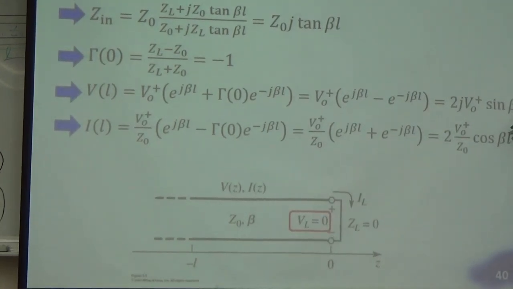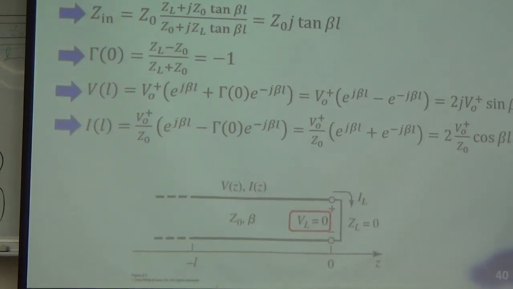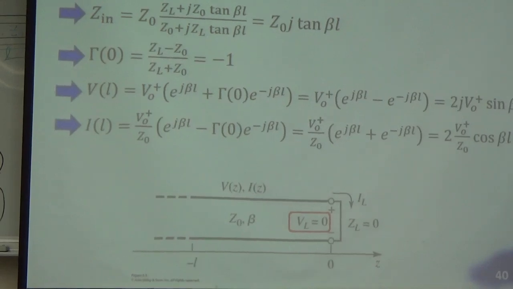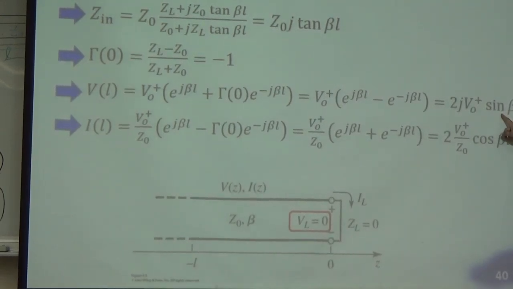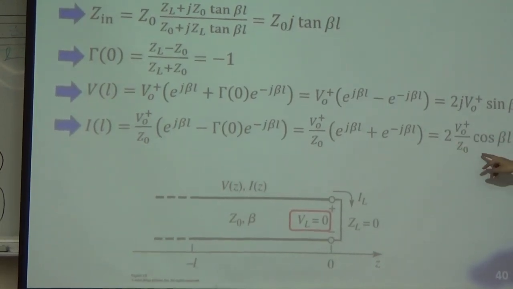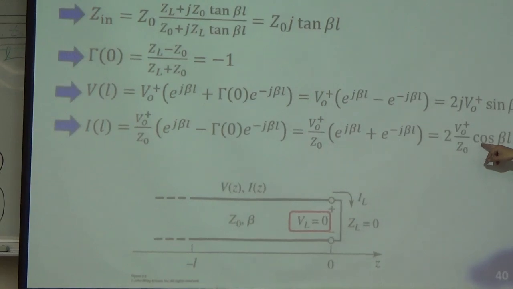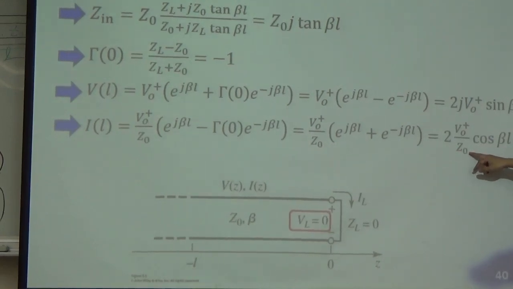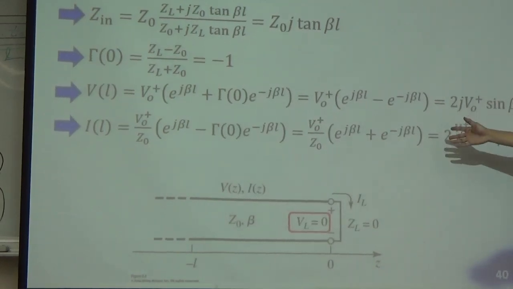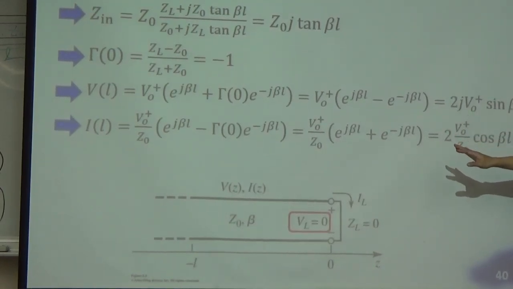So your voltage on the transmission line is an imaginary number, and it is a function of sine. And the current, you do the same thing. You obtain the current, it is a real number with cosine beta L. You just put everything inside, so there's no technique, nothing special.